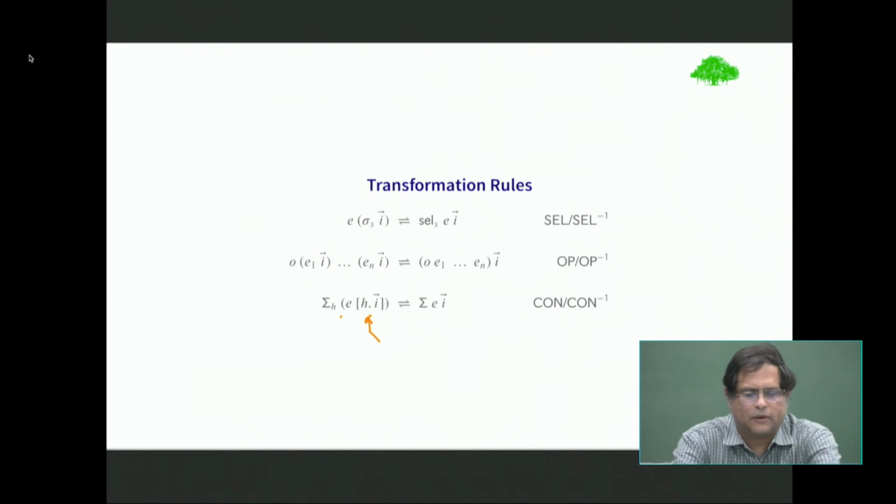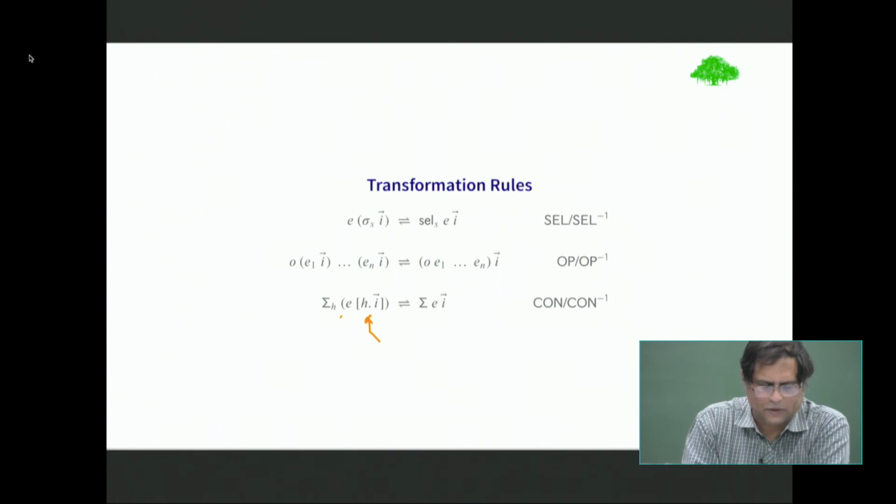There's one pair of rules for each construct here: select construct, the arithmetic operations, and the summation. The rules on the left correspond to expressions that are in L, and when you go from those expressions to the right, notice that you're moving towards L hat because you're introducing these selectors and you're doing this factorization.